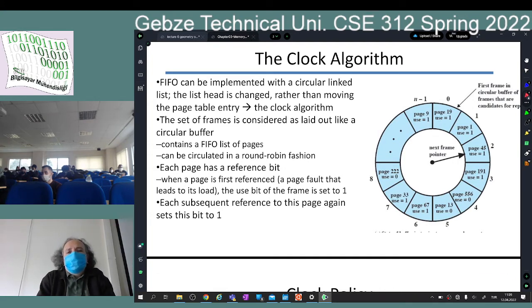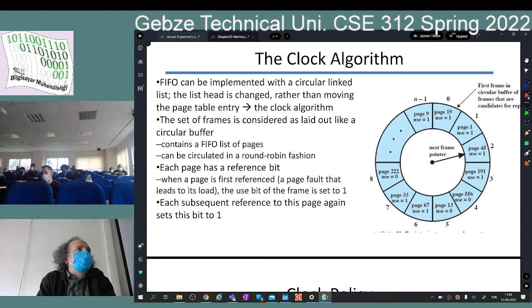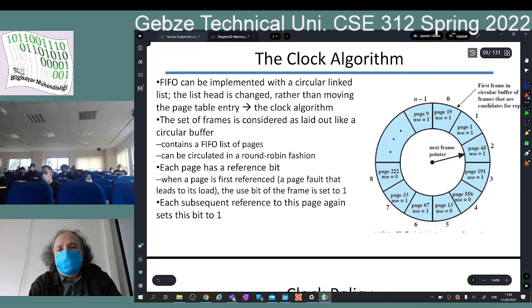If the next frame pointer points to a page that is not in use, not referenced lately, then I am going to replace it. Otherwise, I will move this hand from this location to the next location and make this 0.